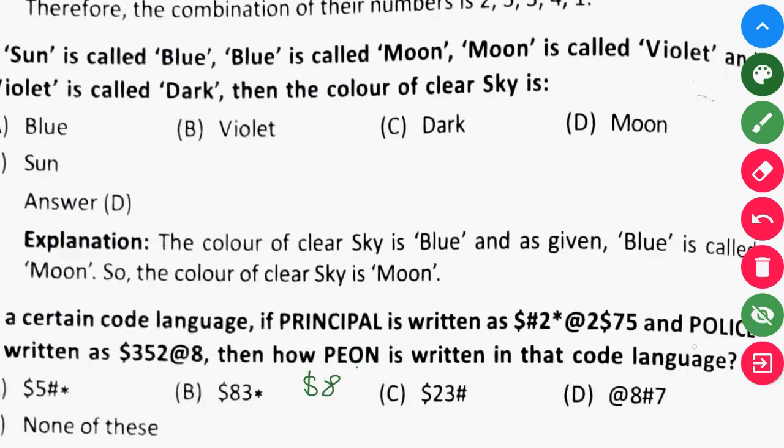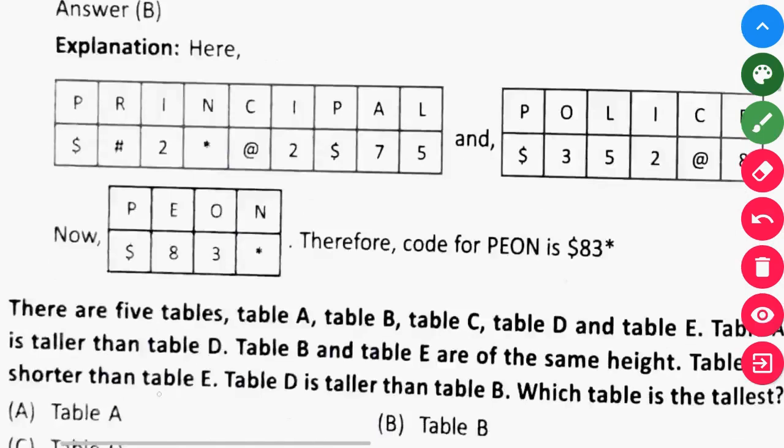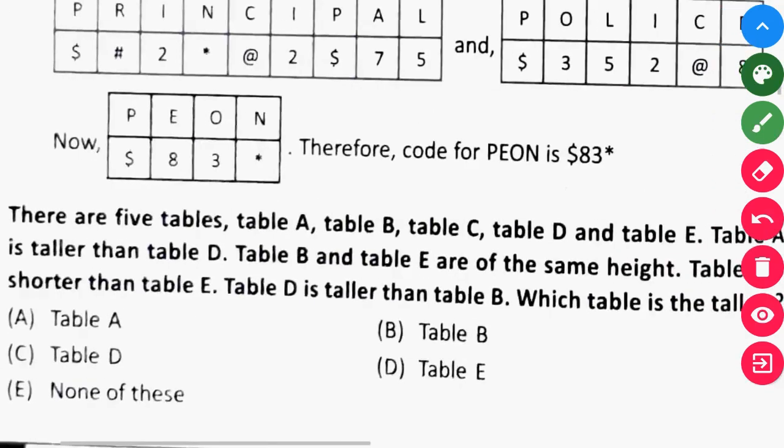O they had applied 3. And for N they had applied this star. So this is your answer. $83*, so answer B is your answer. You have to think like this.